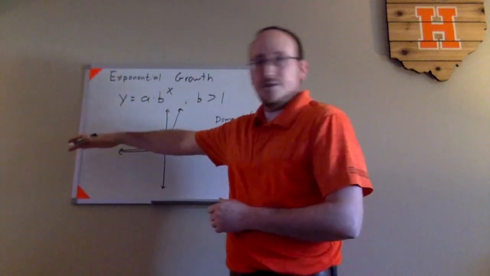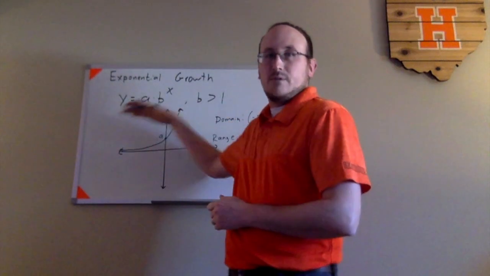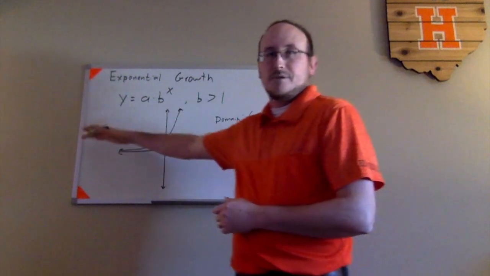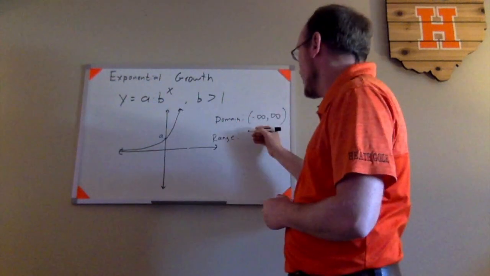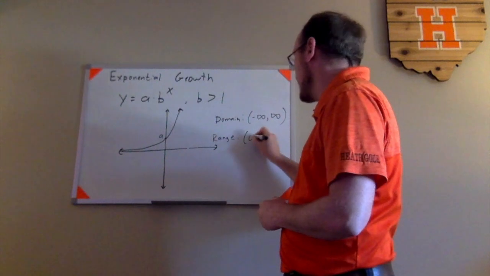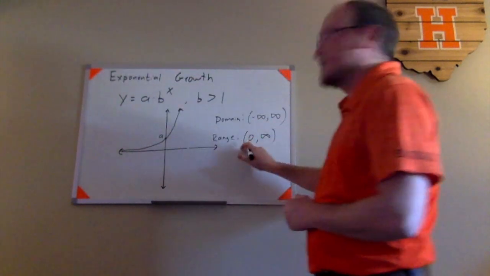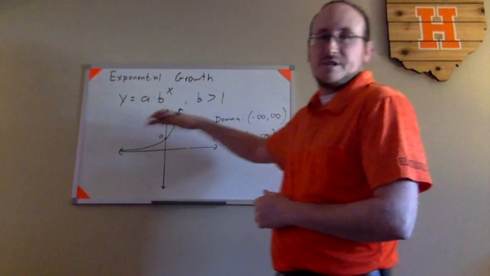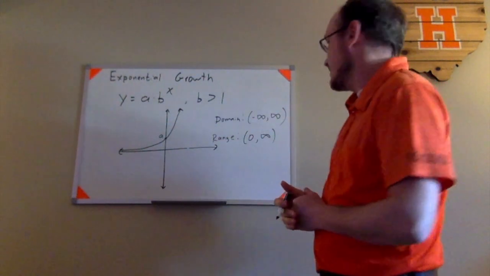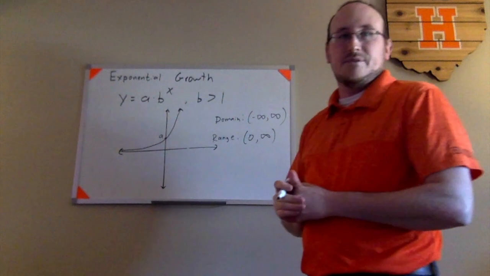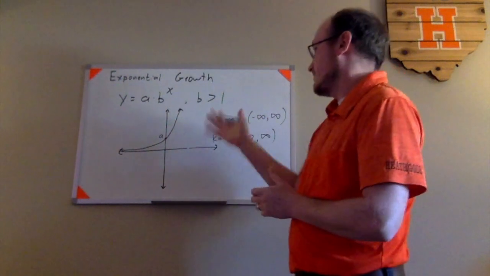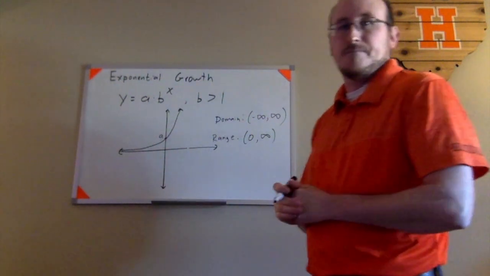Again, it approaches the x-axis, but it's never quite getting there. It's just getting closer and closer to it. So the range there would be from 0 to infinity, not including 0, because it's not actually getting to the x-axis. So there's a little bit of background about the domain and range of a generic exponential growth function.